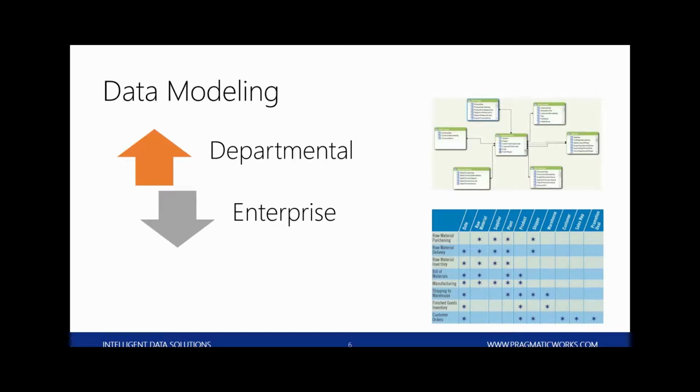So companies that are on the lower end of that maturity scale regularly have different departments within the org create their own data models to represent common entities that really should be the same across the organization. The common examples here are customer and product.